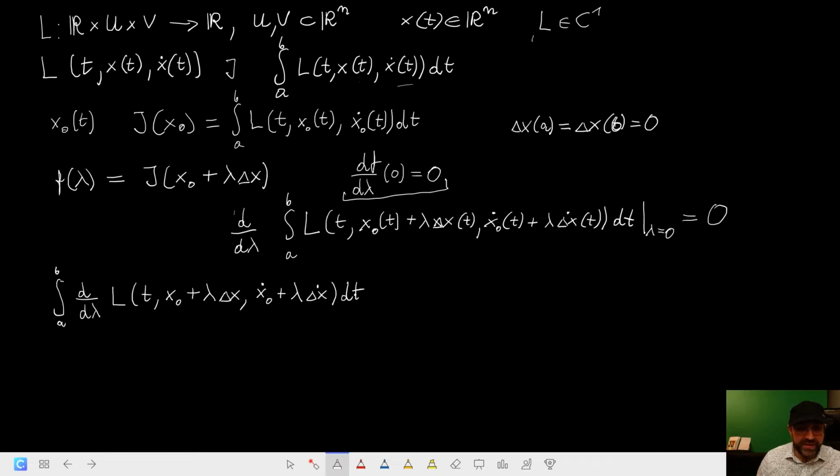Right. So now, once this derivative is here, we need to use the rule of compounding of derivative of the composition of functions for the multivariable functions. I hope I will remember that.